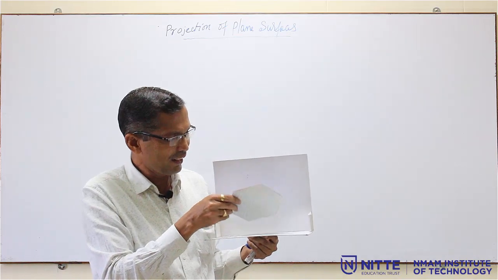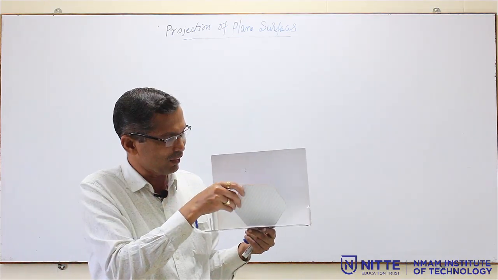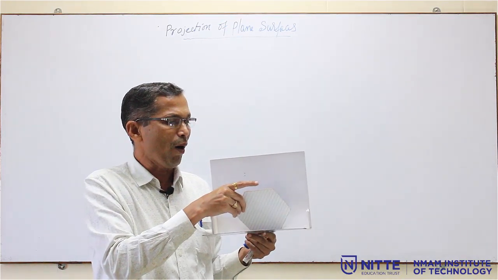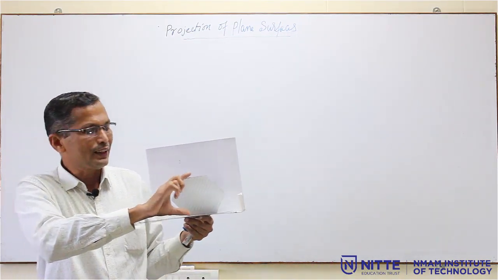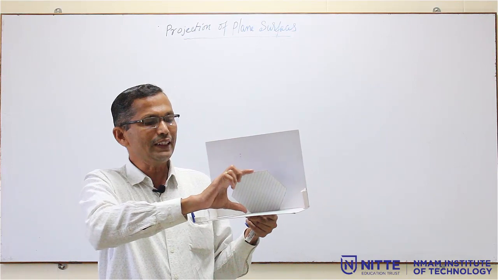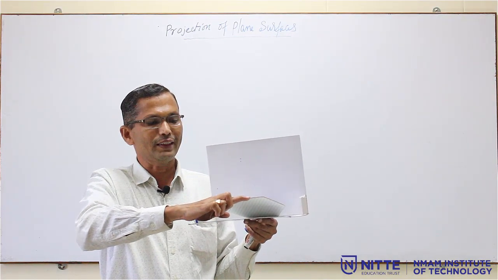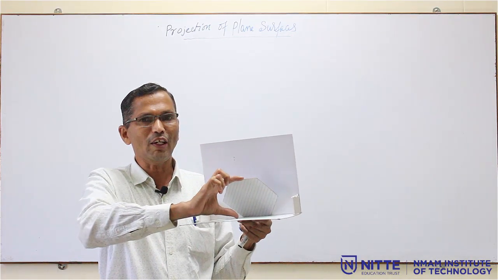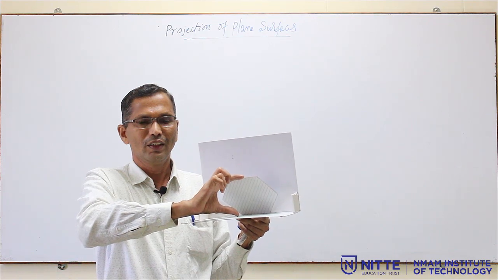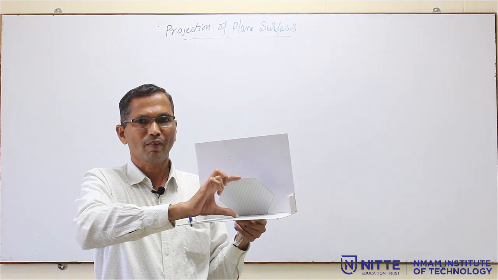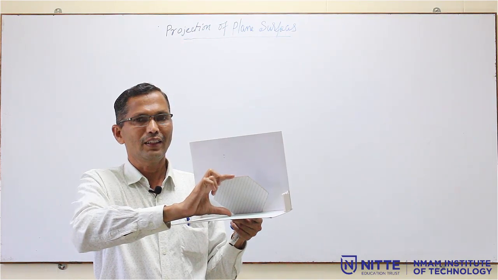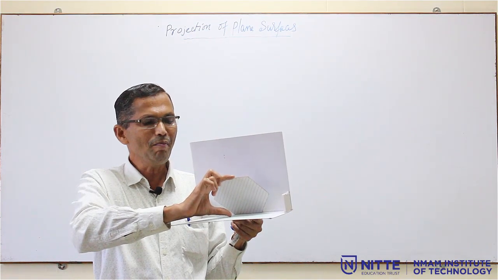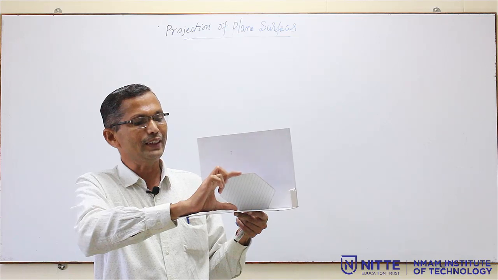They told that it is one of the edge touches both the reference plane and the opposite edge is 35 mm above HP. This gap should be 35, like this. Instead of giving the angle, they told it is 35 mm above HP. This is the actual position.